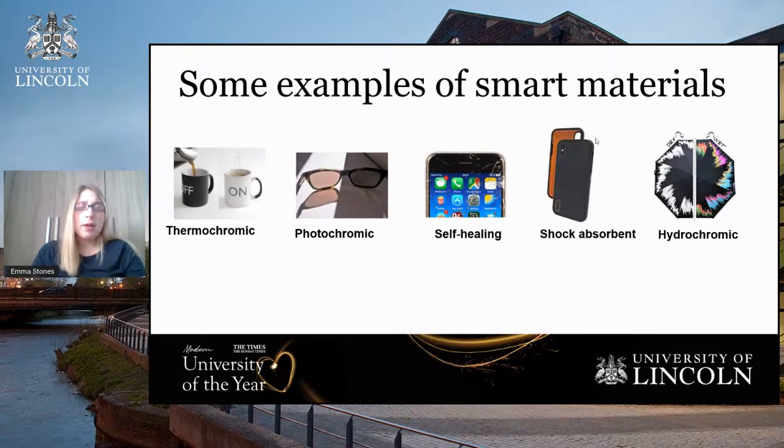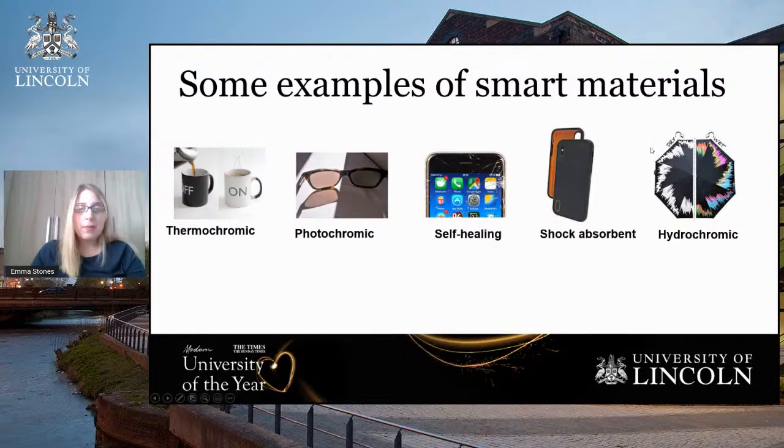So that's one example. So again, that could be used for protection of any electronic gadgets, phones, iPads, laptops. It's also been used in shockproof clothing. So for example, motorcycle clothing could have these layers embedded into the material, again, to provide extra protection in the event of an accident.